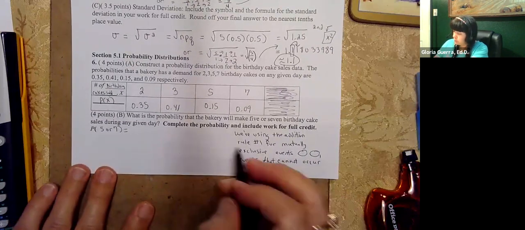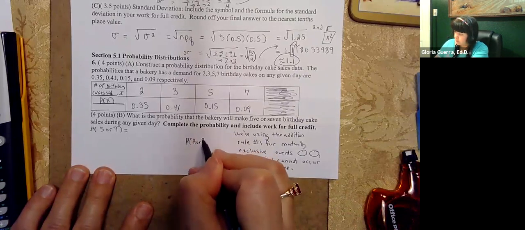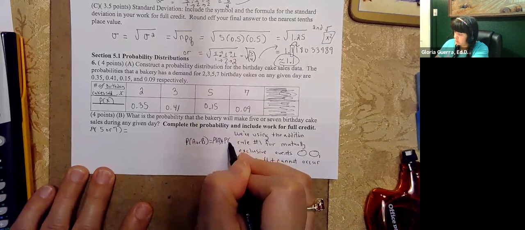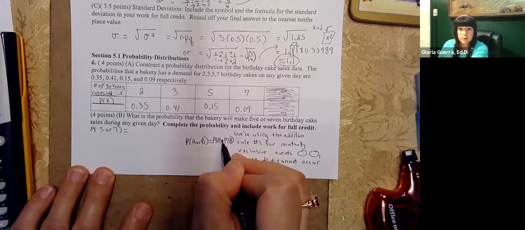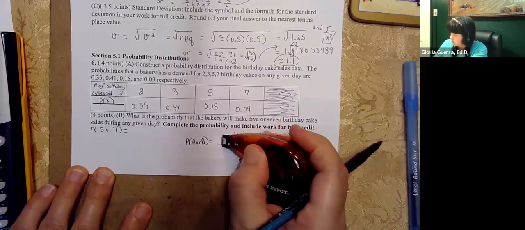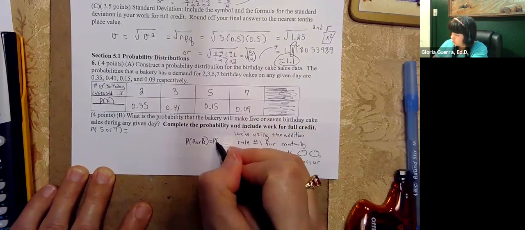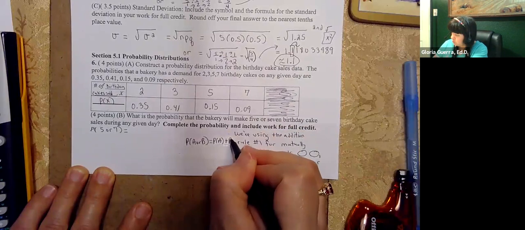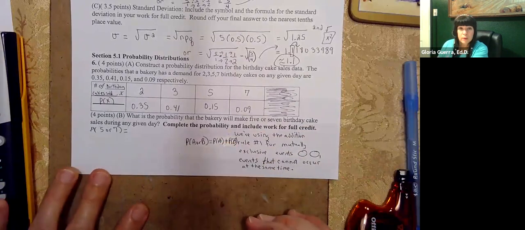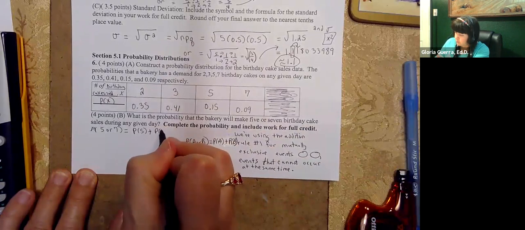Okay, so we're doing this. Probability of A or B is equal to probability of A plus probability of B. So here we're going to have probability of 5 plus probability of 7.